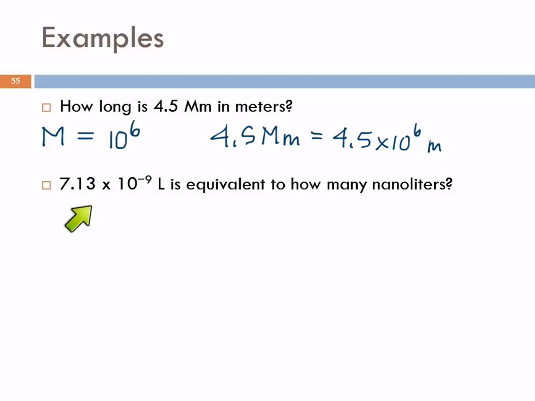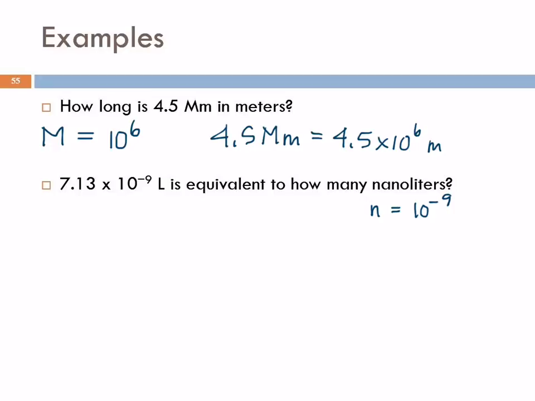If we had a number like this, 7.13 times 10 to the minus 9 liters, asking us, what would that be in nanoliters? Nano is lowercase n, and that means 10 to the minus 9. Nano and 9 are similar in sound, right? So that can help you remember.